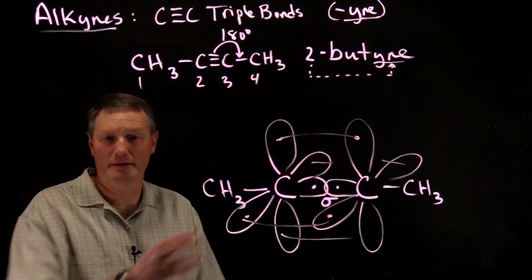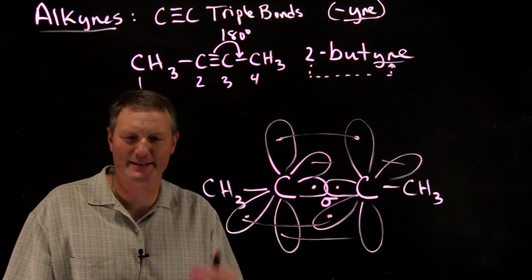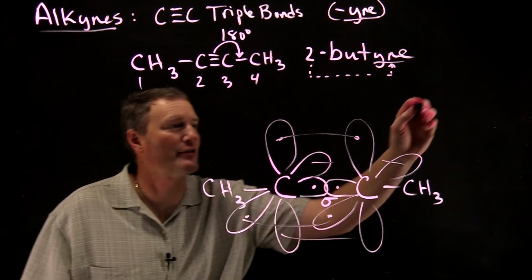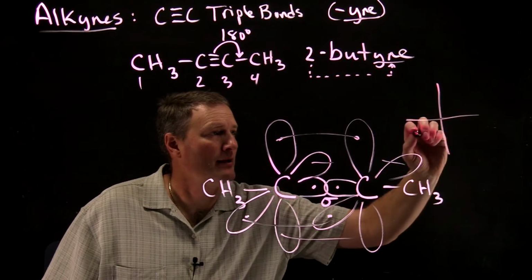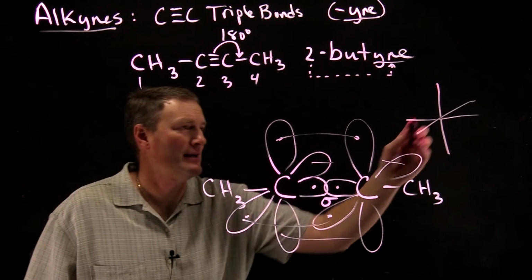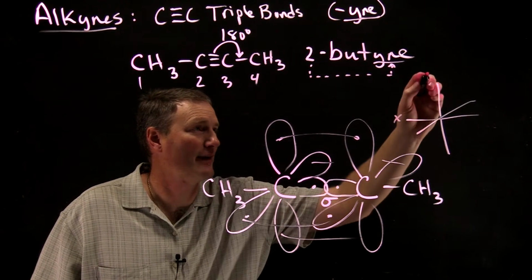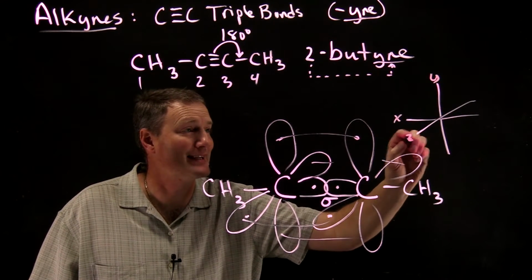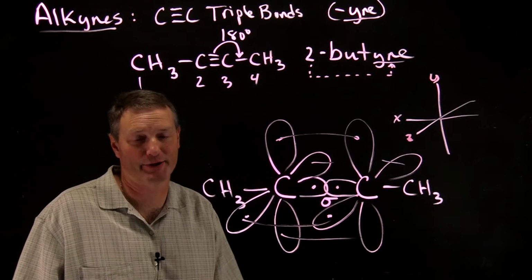Now, it could be a little bit hard to visualize this. What I like to think of, if you were to center on one of these carbons, is Cartesian coordinates. You probably recall from geometry, you have the x and the y. But in 3-dimensional coordinates, you also add a z-axis that's perpendicular to that.